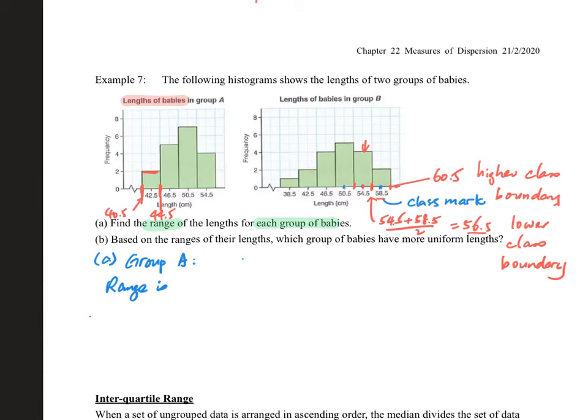In order to do so, we seek the lowest class boundary, which is 40.5 in group A, and then you need to find the highest class boundary, which should be 54.5 plus 2, which gives you 56.5. So the range this time will be 56.5 minus 40.5, which gives you 16 in group A babies.